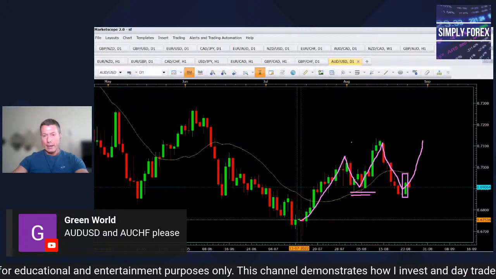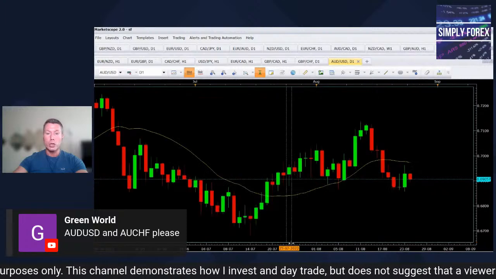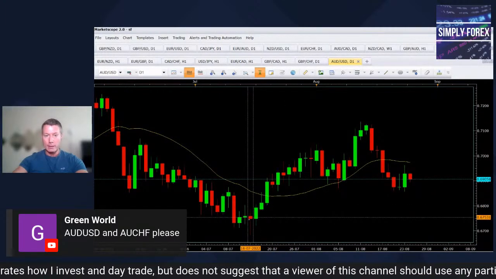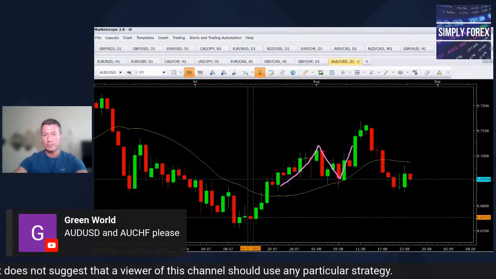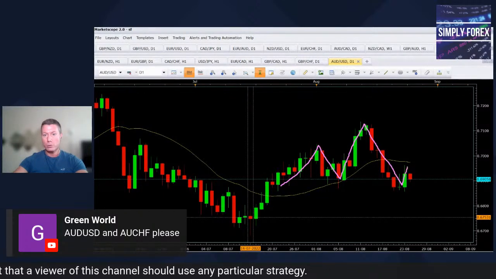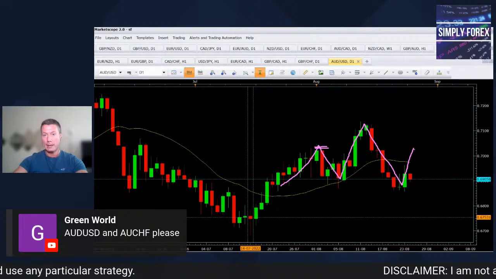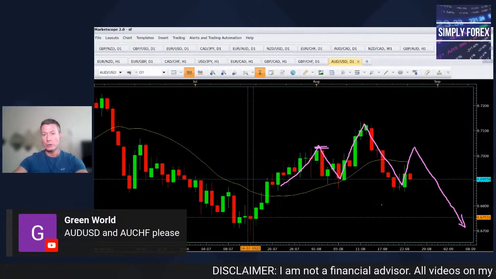What I think will happen, guys, I don't know if you know about chart patterns, but what I expect will happen is we'll see a head and shoulders. So price comes up to here, and then price will come back up, test this high here, and then come back down. This is called a head and shoulders.